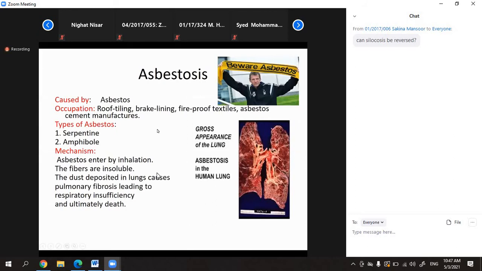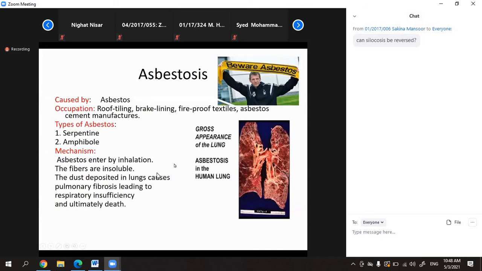Asbestosis is caused by asbestos. These are the occupations, for example, roof tiling, brake lining, fireproof textiles, asbestos cement manufacturers. These are the two types of asbestos, that is serpentine and amphibole.